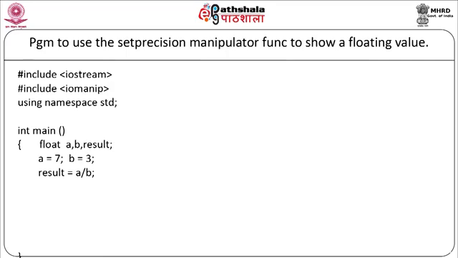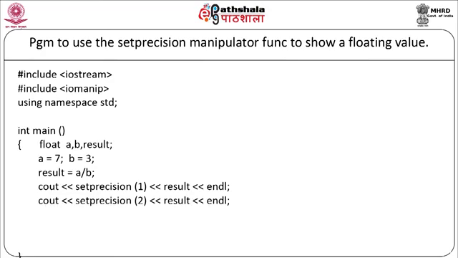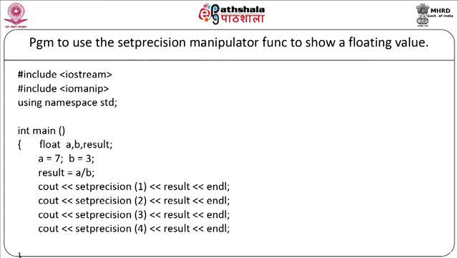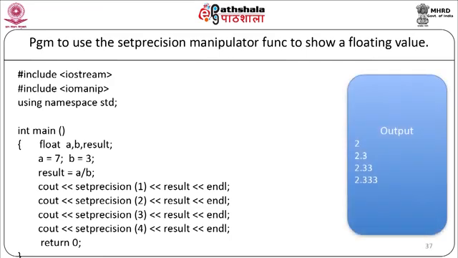First, cout setprecision(1), display the value of result, endl. Cout setprecision(2), result, endl. Cout setprecision(3), result, endl. Cout setprecision(4), result, endl. Return 0 and our function will end. Now when the above code is compiled and executed, it will produce the result as 2, 2.3, 2.33, 2.333.